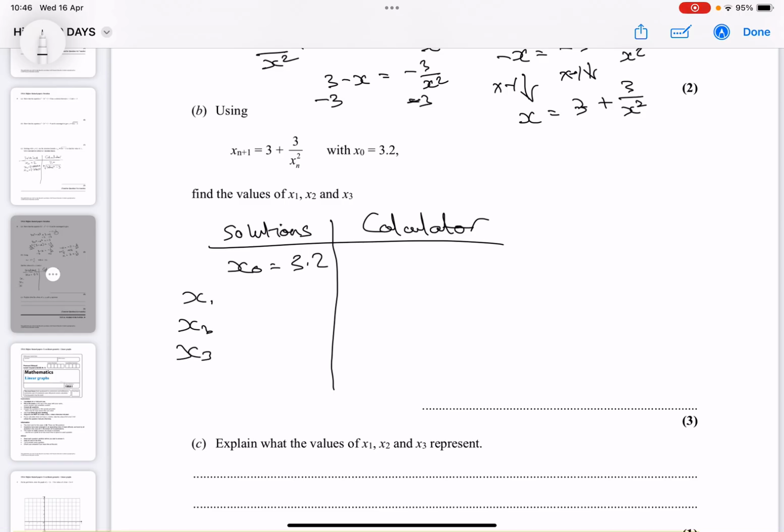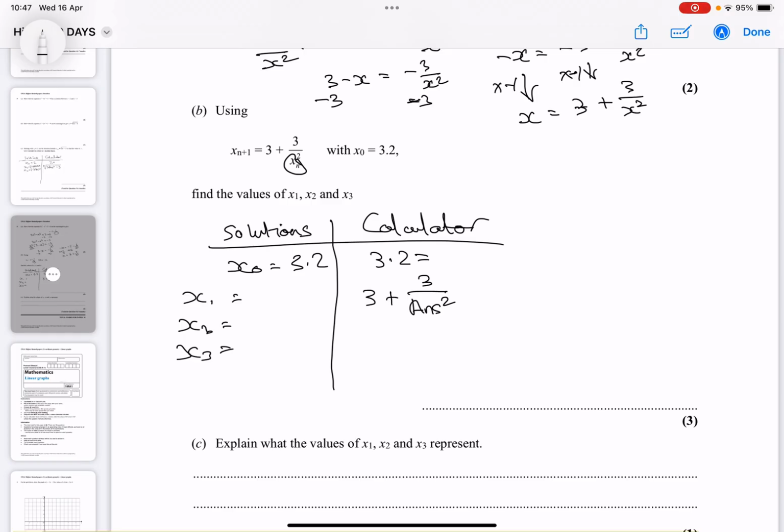My handwriting's not very good today. So I've got 3.2 equals, and then 3 plus 3 over Ans squared. 3.2 is 16 over 5, which I can S to D, doesn't matter.